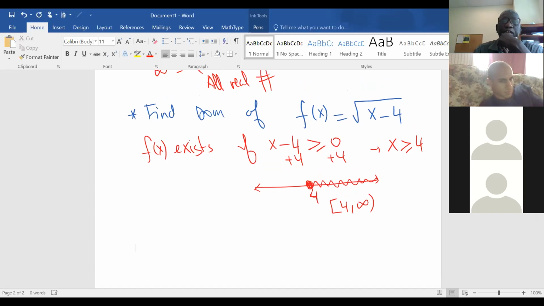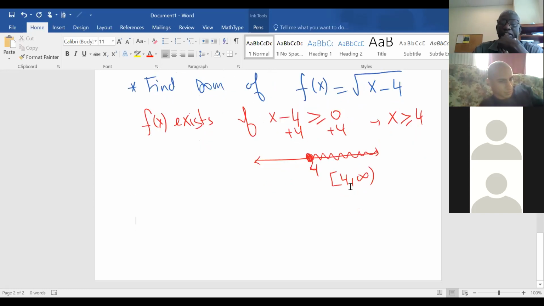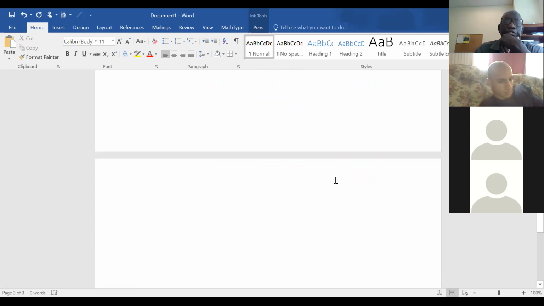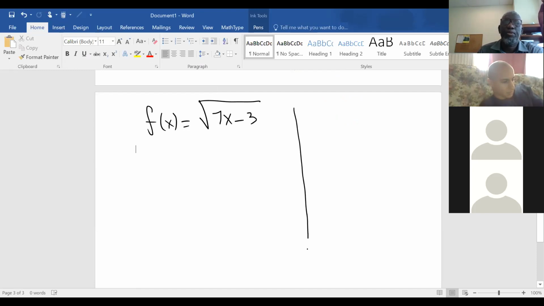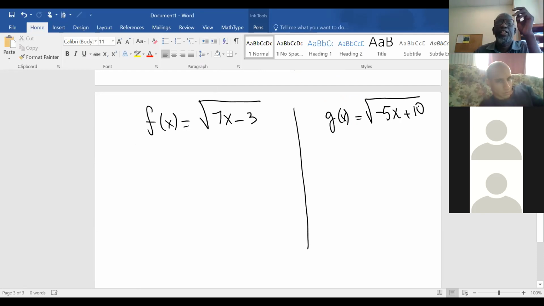So I'm going to give you a couple of examples here. So if we say f of x, same thing, f of x equal to something minus 3, right? What is the domain? And g of x equal to something, what is the domain? Go ahead.